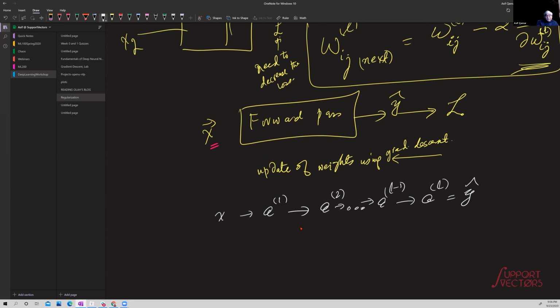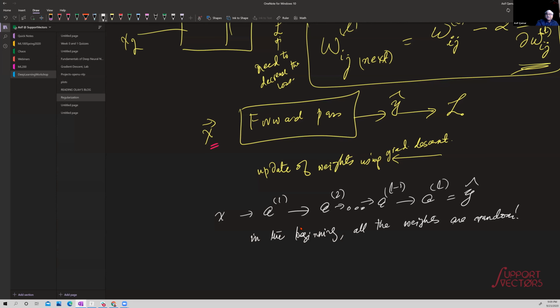The problem is this: in the beginning, all the weights are random.